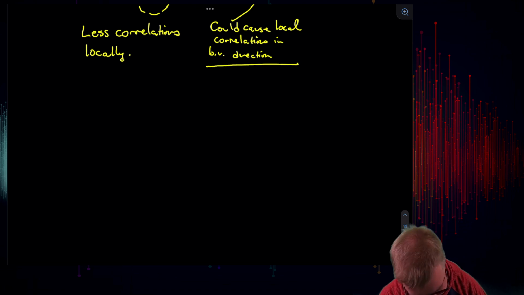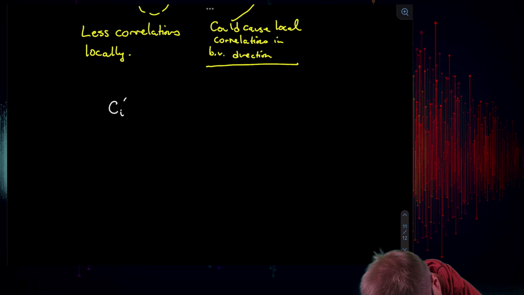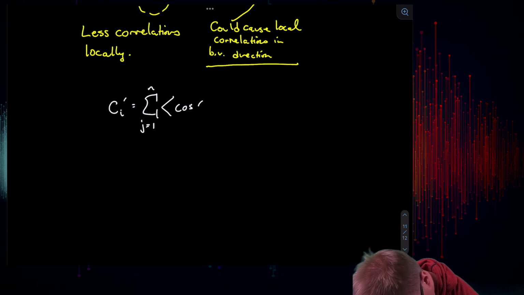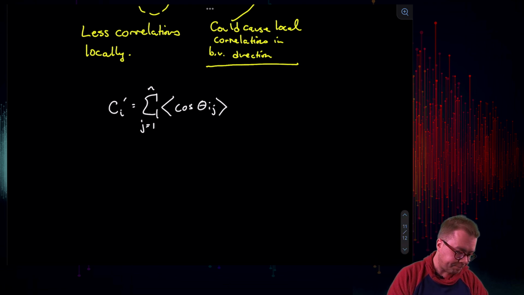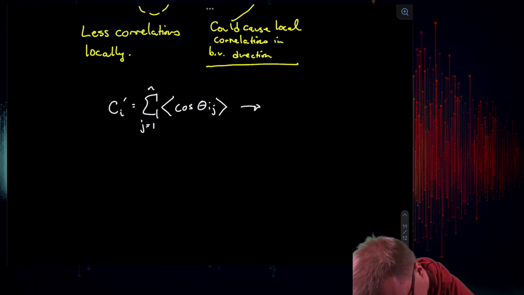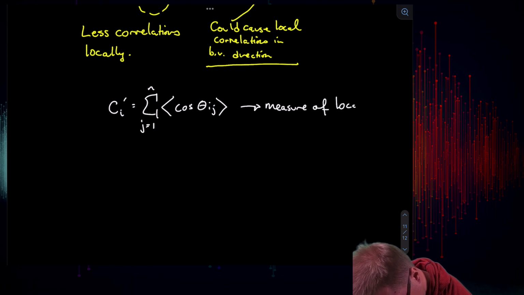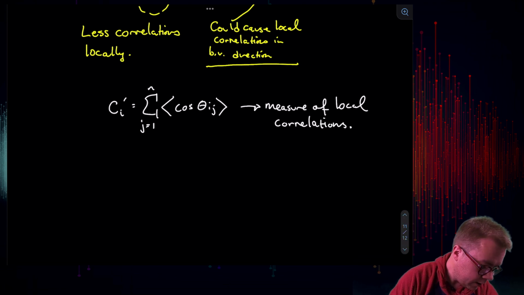And so what we had in general is we can define this correlation as a summation j equals 1 to n of the cosine of theta ij. And so this is a measure of local correlations for the bond vectors.